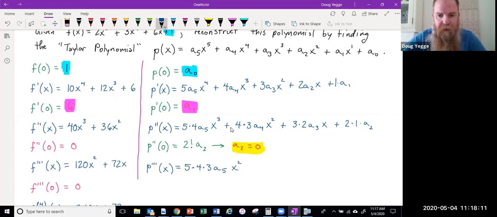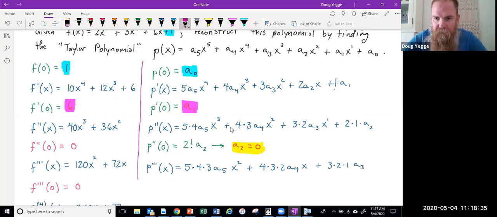And now I reduce that power. Now over here, I get 4 times 3 times 2, a4. And that reduces it to x power. And now over here, this power is 1. So this becomes plus 3 times 2 times 1 times a3.